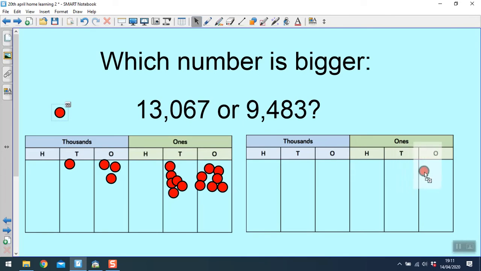Over here I need 3 in my ones. I need 8 in my tens.